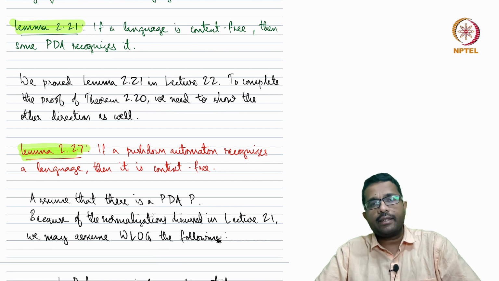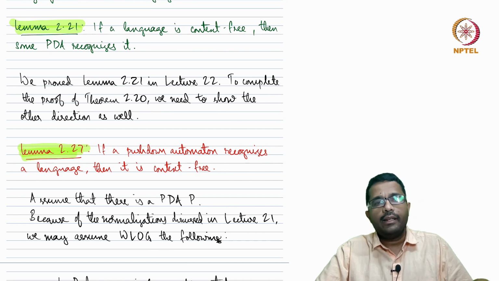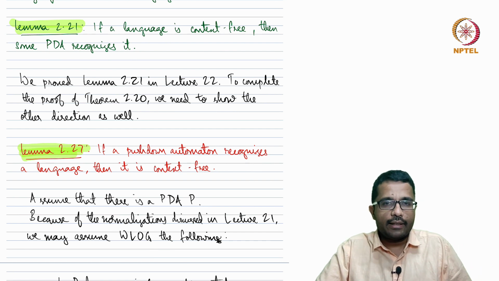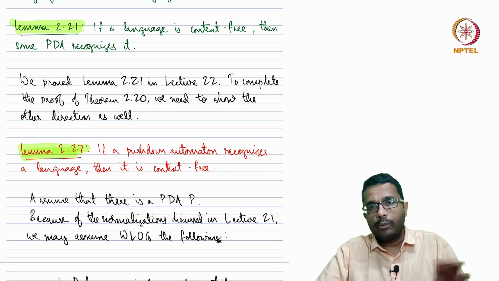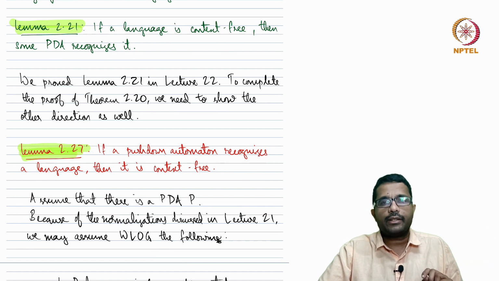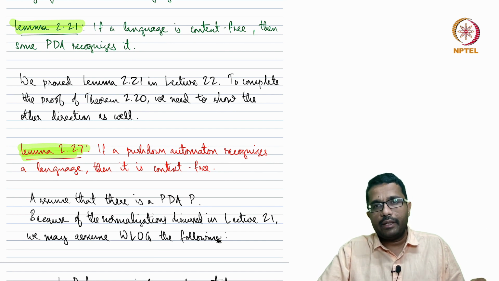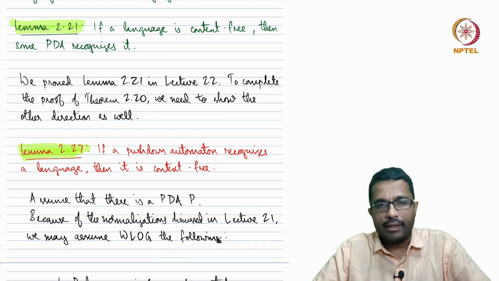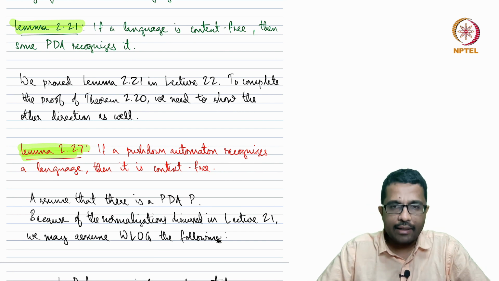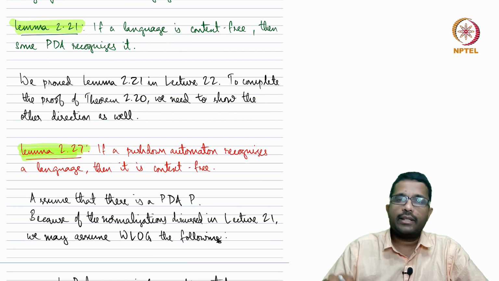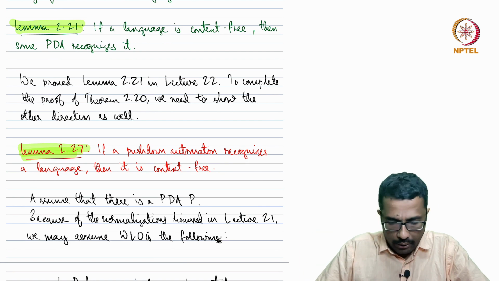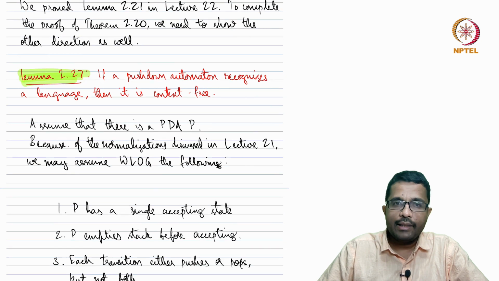Meaning any string that is accepted by the PDA will be generated by the grammar, and anything that is not generated by the grammar will not be accepted by the PDA. So it will be exactly the same set of strings. That is the high level picture of what we are going to do. So now let's get into the details.